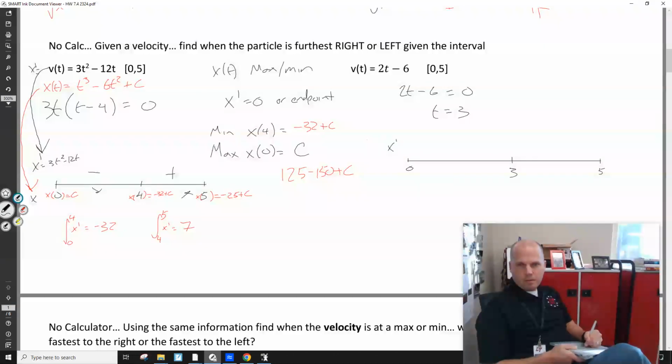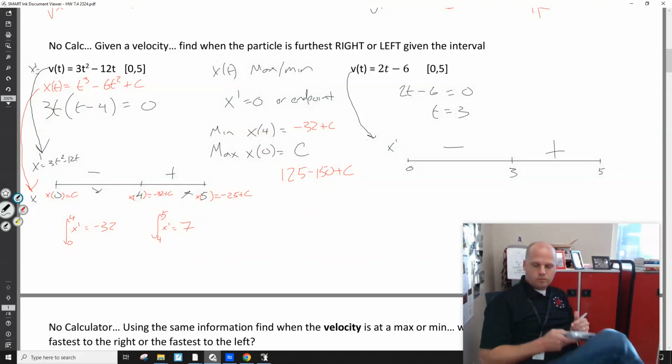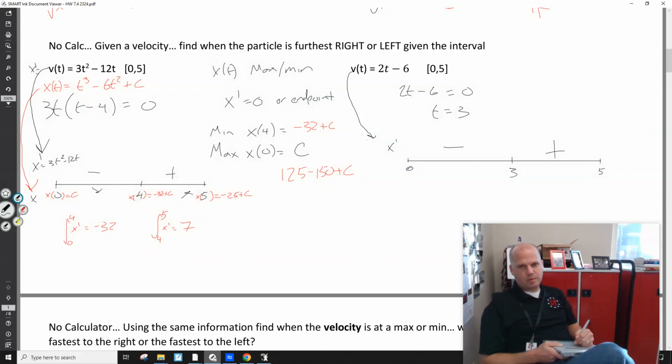Okay, my derivative goes with that. My derivative is, again, negative and positive. Trying to keep things consistent. It won't always be like that. Great. Well, x of 3 has to be the min again.